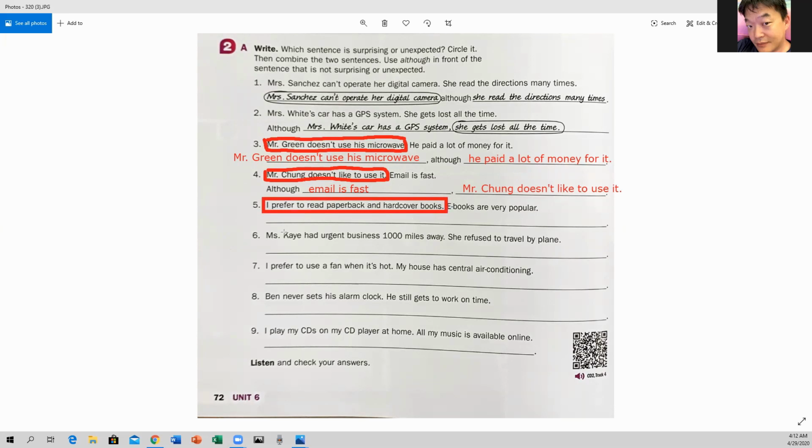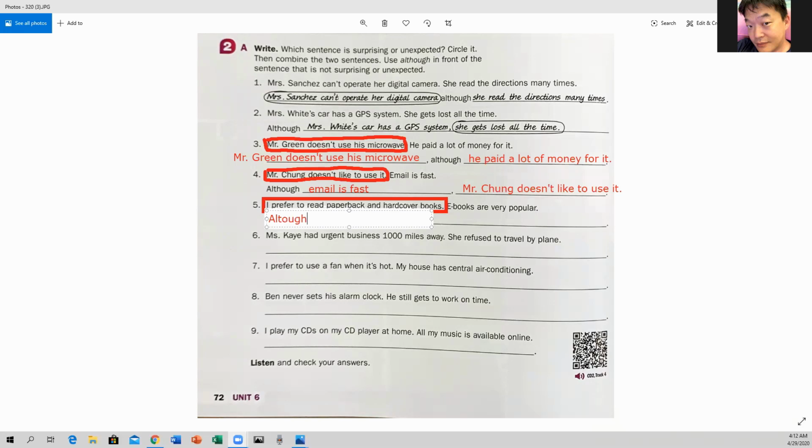Yeah. I prefer to read paperback and hardcover books. Ebooks are very popular. That's the certainty. So you can write this any way you want. So I can do this.